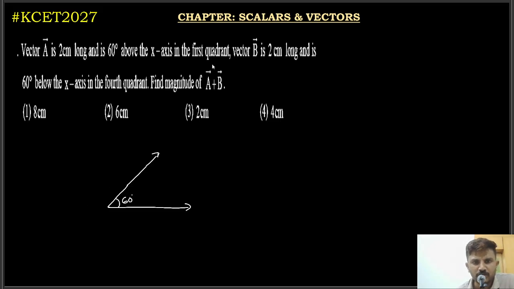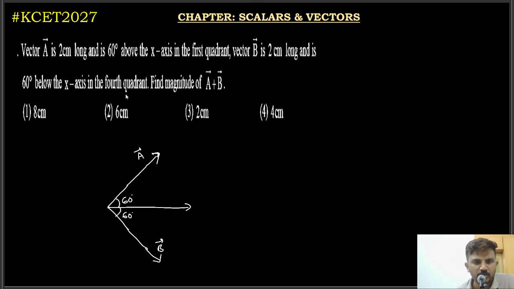And vector B is 2 centimeter again and is 60 degrees below the x-axis. Okay, this is above the x-axis, this is below the x-axis. This is vector A and this is vector B.